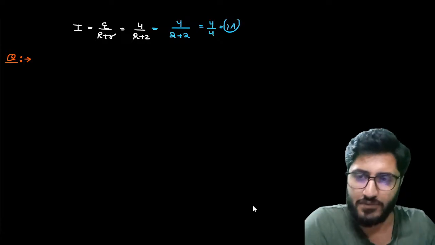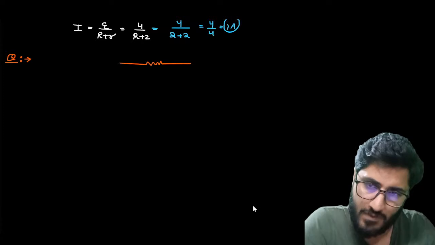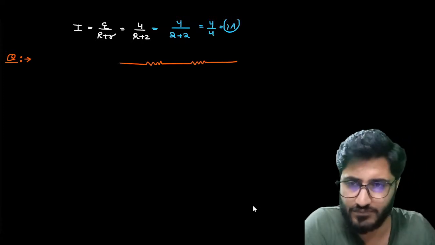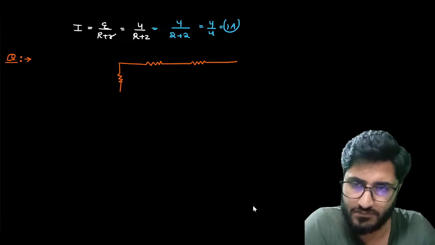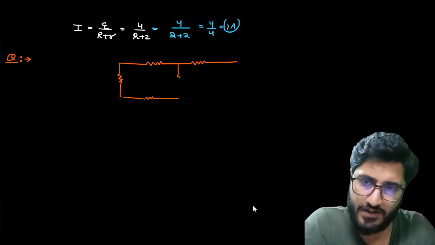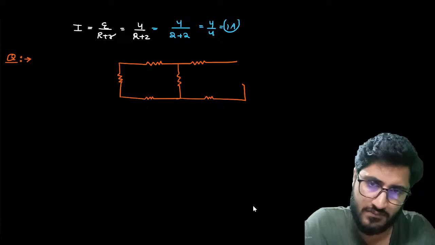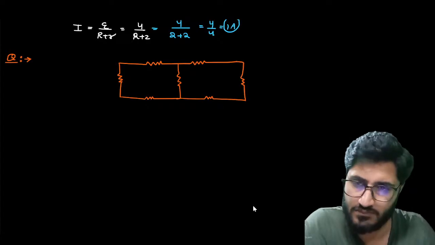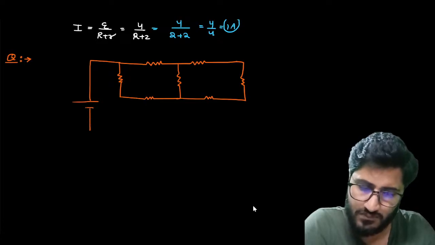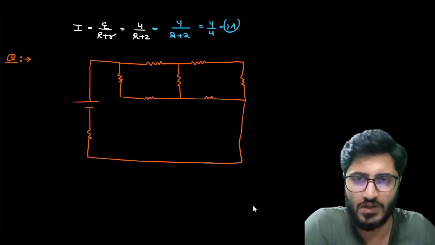So we have a system now. This numerical is a combination of various concepts. Done.